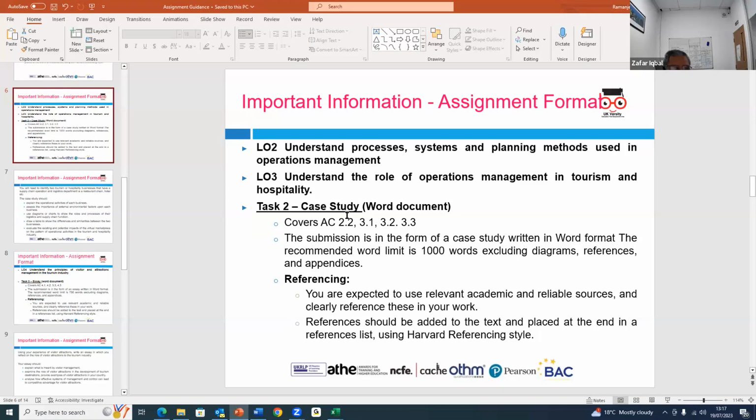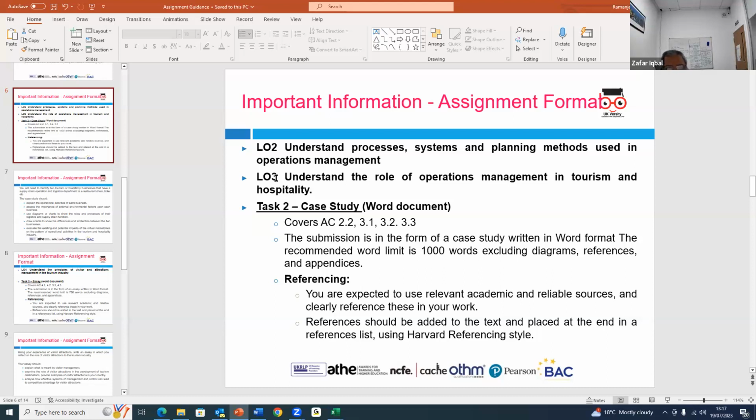It's not double spacing, it's 1.5 spacing. It should also be clearly referenced, with reliable sources, academic references, Harvard style referencing, citations, and journals.